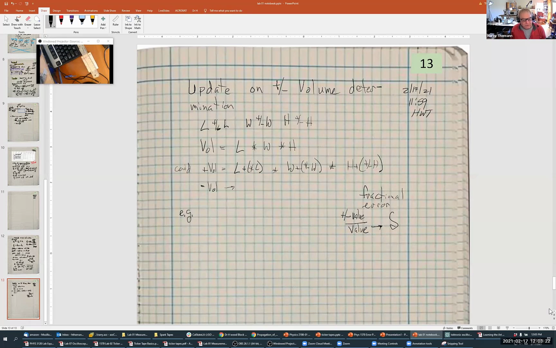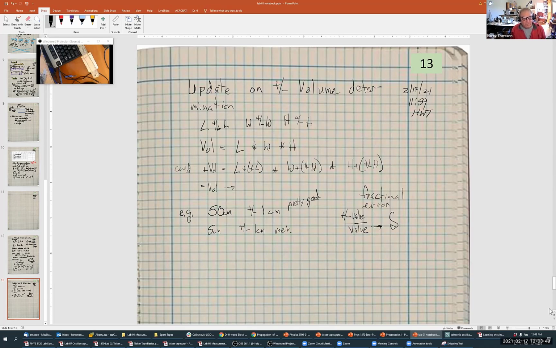If I measure 50 centimeters plus minus 1 centimeter, we would think that this is pretty good. If we were to measure 5 centimeters plus or minus 1 centimeter, we'd say, well, meh, it's not that great, huh?